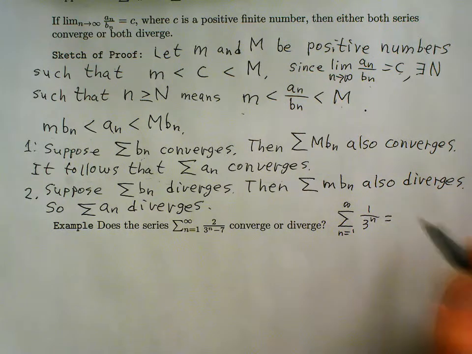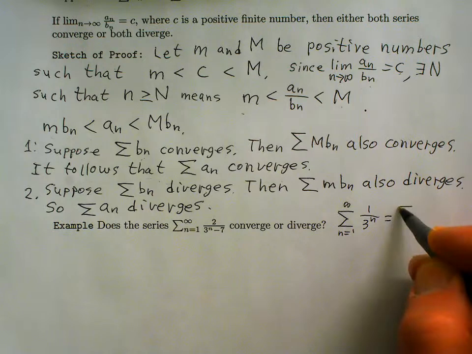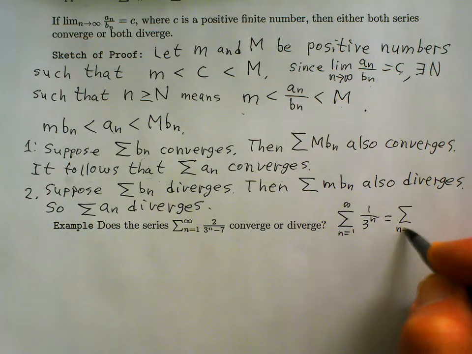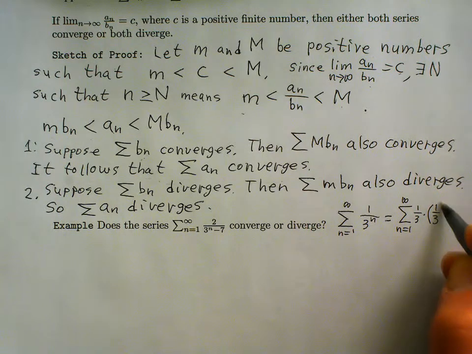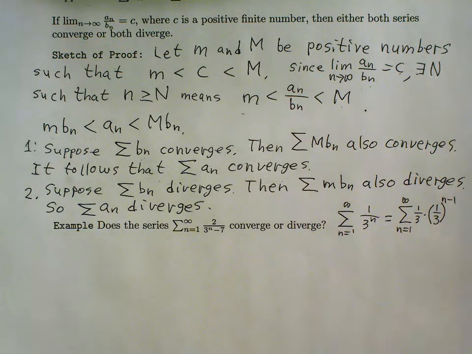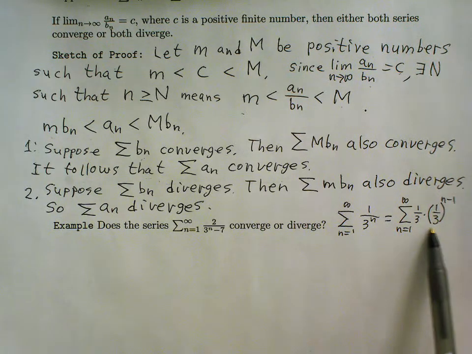So this one can be written this way. It's 1/3 times 1/3 to the n minus 1. So the common ratio 1/3 is between -1 and 1, so this converges.